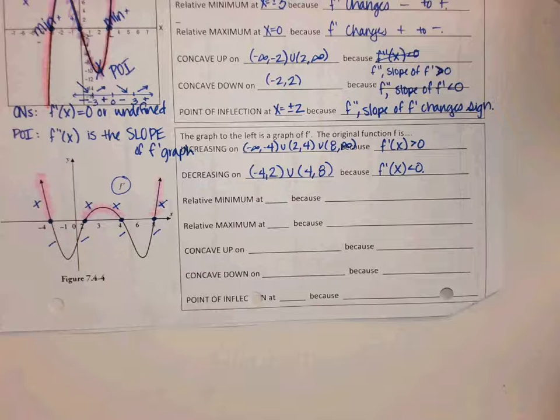Now, on your paper, don't say it out loud, mark which ones are mins and which ones are maxes. Remember, maxes are changing which direction? Plus to minus, and mins are changing which way? Negative to positive. So mark them on the x-axis. Negative 4, what is it?